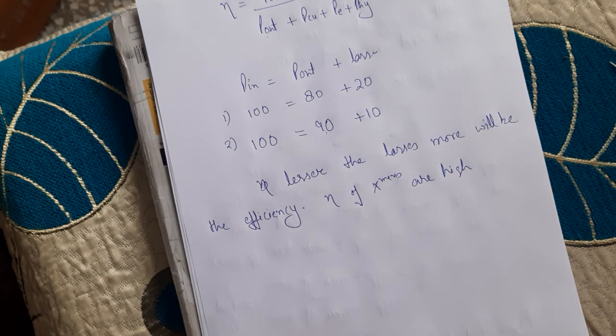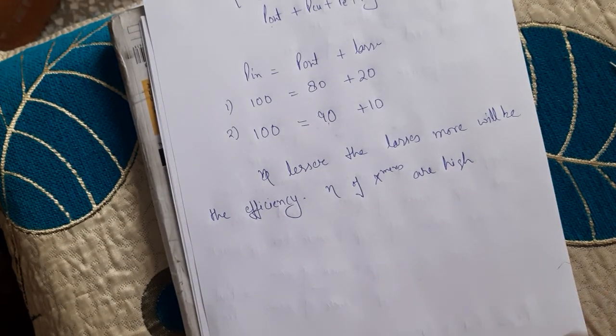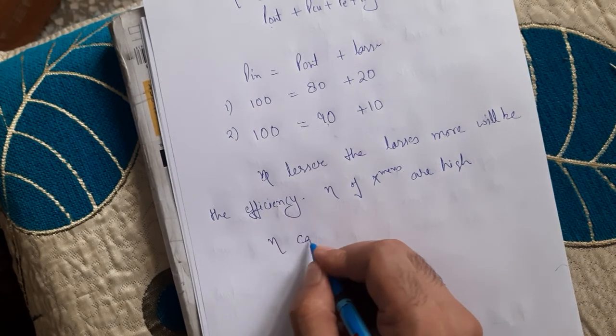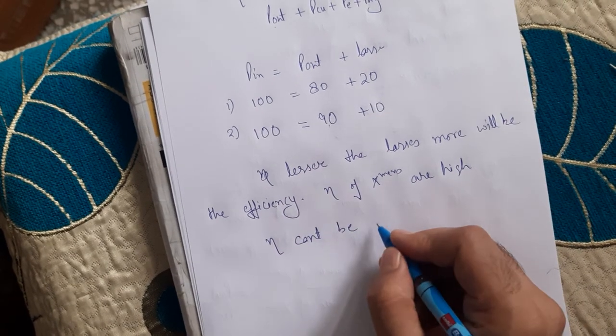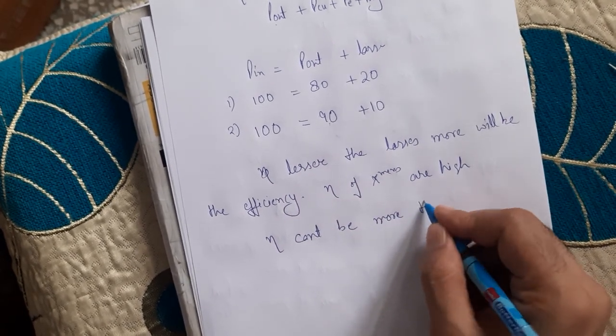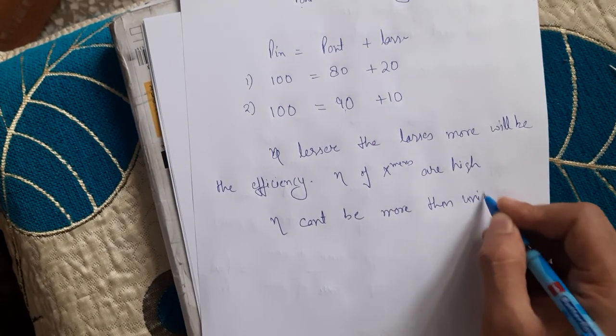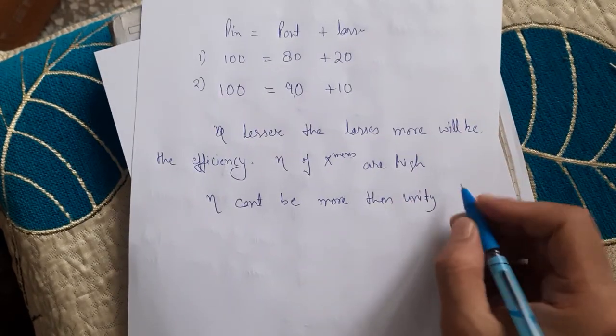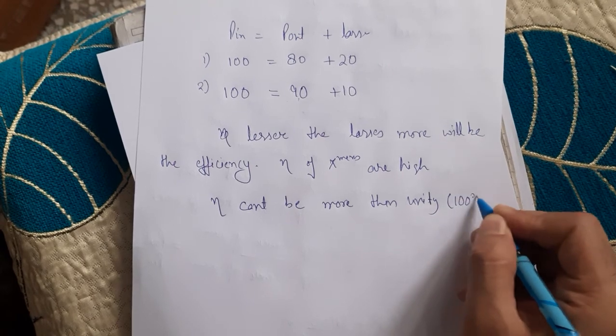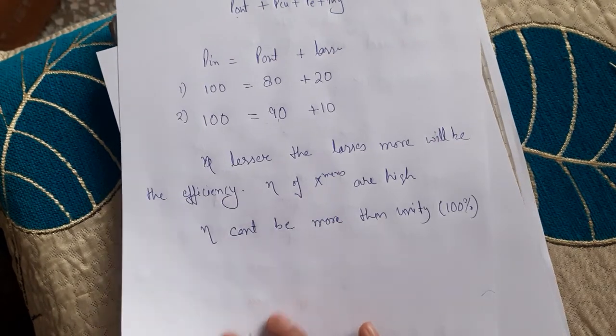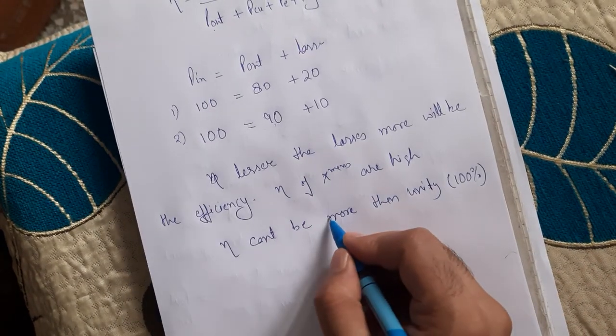So what is our aim? Our aim is that the efficiency should be as high as possible, but efficiency cannot be more than unity. It cannot be more than 1, meaning it cannot be more than 100.